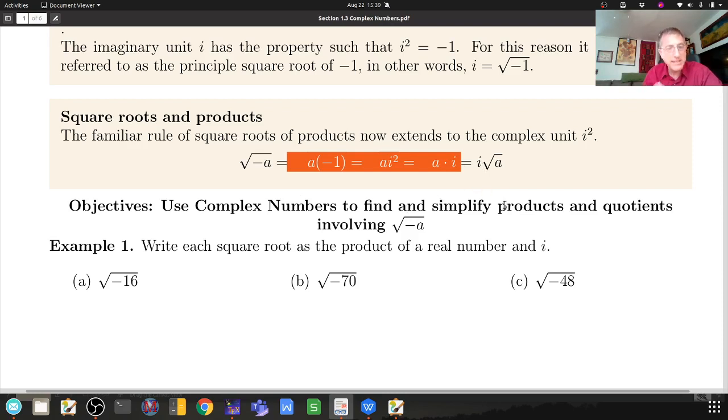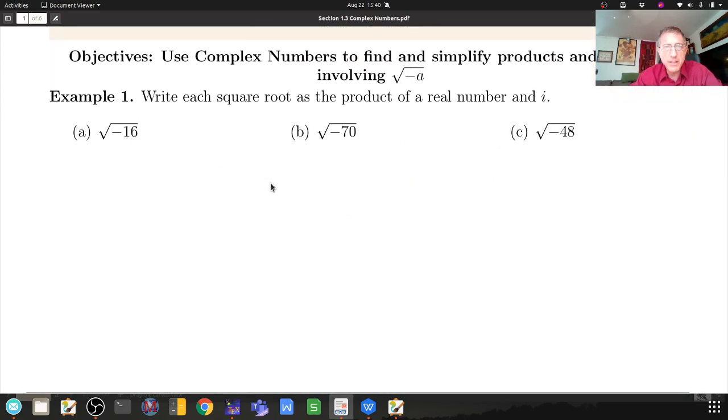Now if a is a negative number, then we don't need this, because minus a negative is a positive. And we could still use the rule, but we'd get the same exact result by doing extra work, and there's no reason to do that.